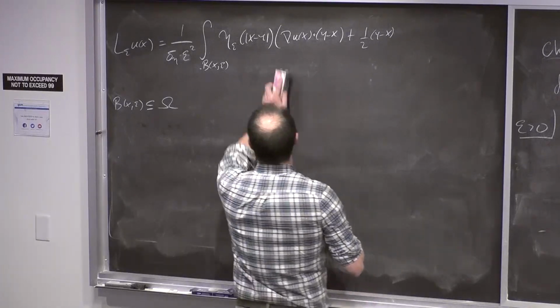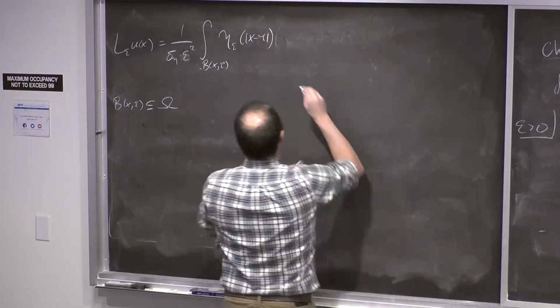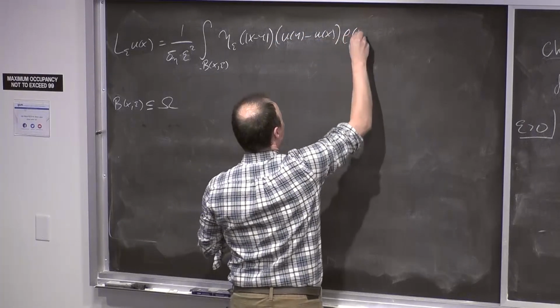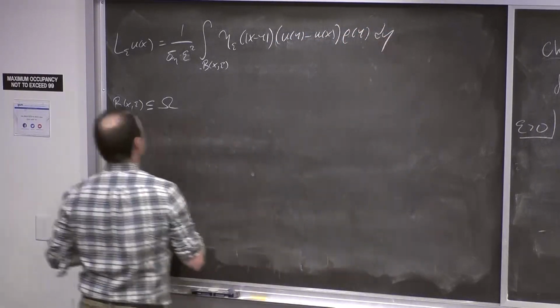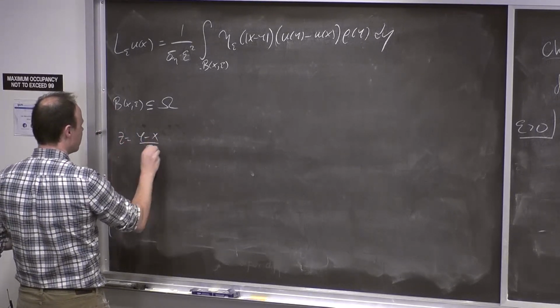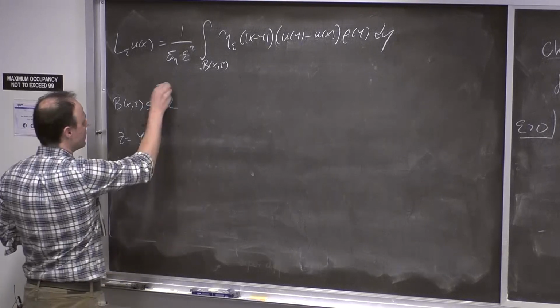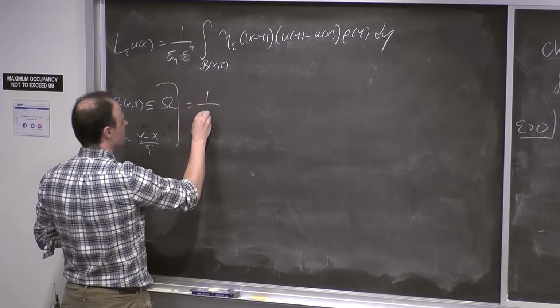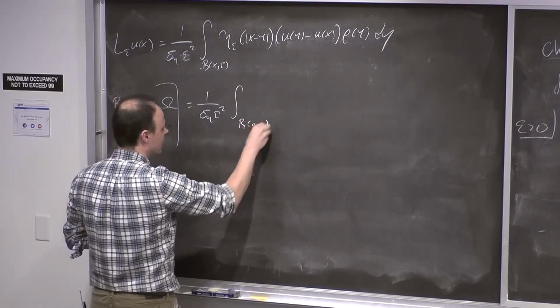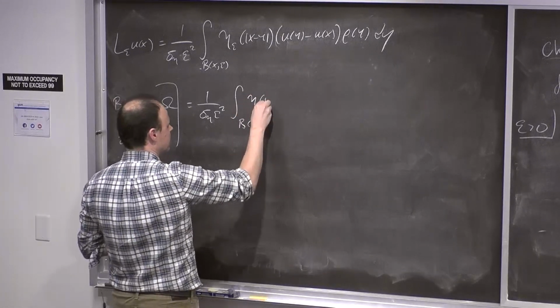Or, you know what, maybe I should do a change of variables first to make this easier. So rho of y. Now make a change of variables so that z is equal to y minus x over epsilon. So now it's the integral over the unit ball. It's eta of z.